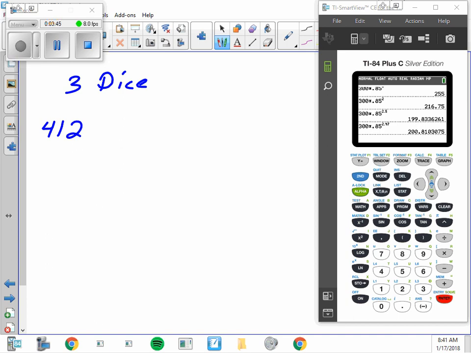What is the probability of getting a 4? 1 in 6. What's the probability of getting a 1? 1 in 6. And a 2? 1 in 6. So 1 times 1 times 1 is 1. And 6 times 6 times 6 is 216. So we have a 1 in 216 chance of getting that. Okay?